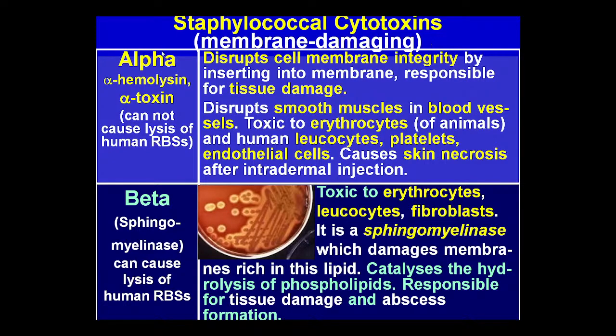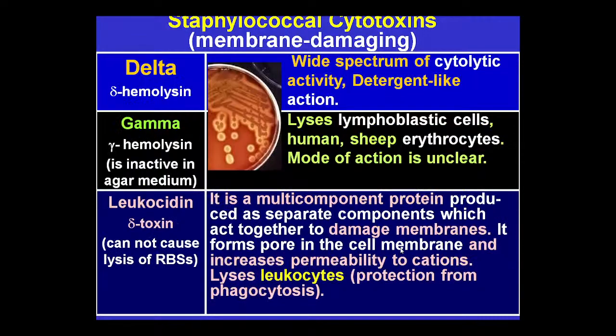Out of those, I would like to mention these, which are responsible for tissue damage. Then we have beta toxin, a lipase that catalyzes the hydrolysis of phospholipids. And again, it is responsible for tissue damage and abscess formation. So delta hemolysin or delta toxin and gamma toxin have a wide spectrum of cytolytic activity.